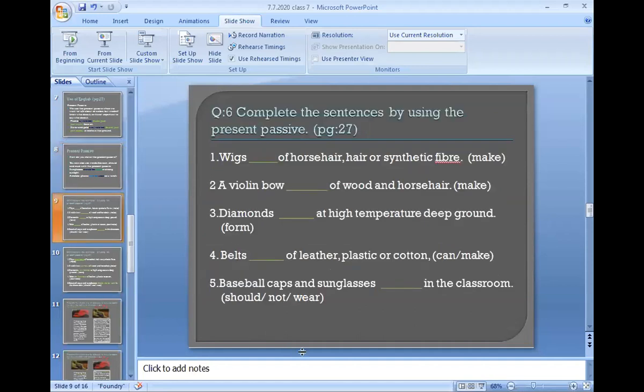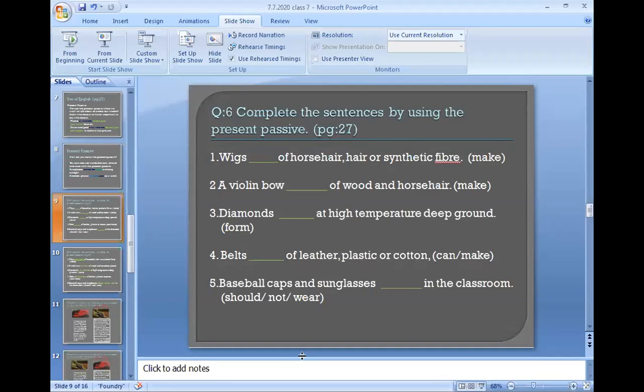Now come to page number 27 in the book. Question number 6. We are going to change these sentences. The first sentence, I'll do it for you. Then for the second one, you are going to write the possible answers in the chat box. What is the question?